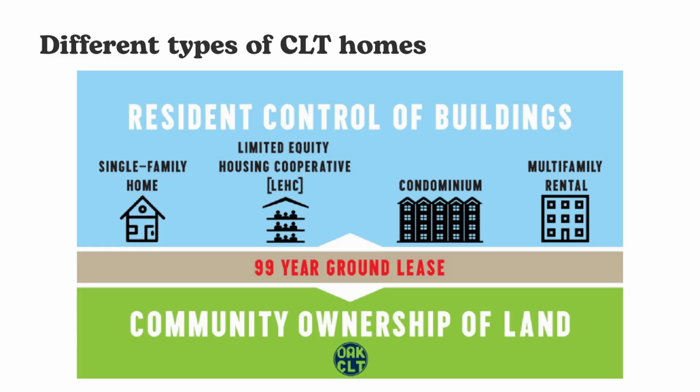You can have a limited equity housing cooperative or other types of housing cooperatives on top, a condominium, a multifamily rental. So, there's a mix. It's an implied mix here of potential homeownership, maybe tenancy, all sitting on top of community-owned land.